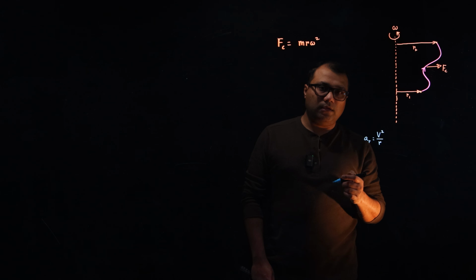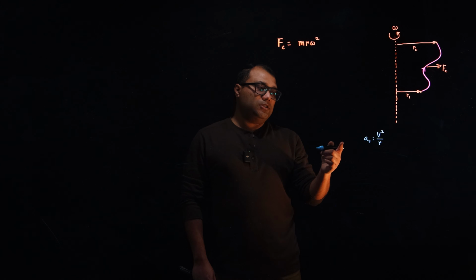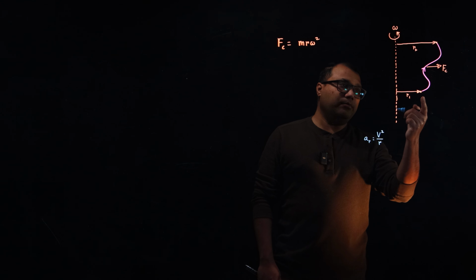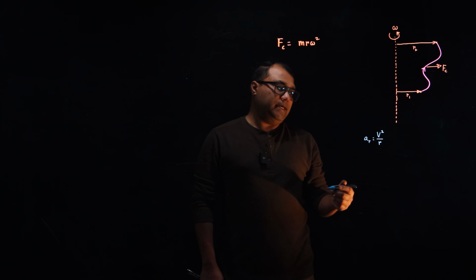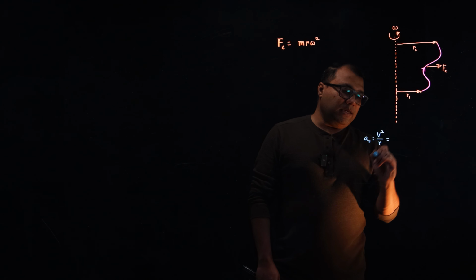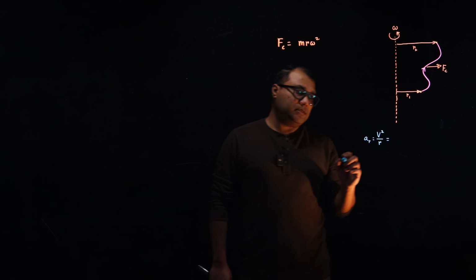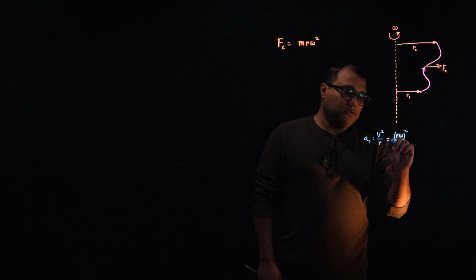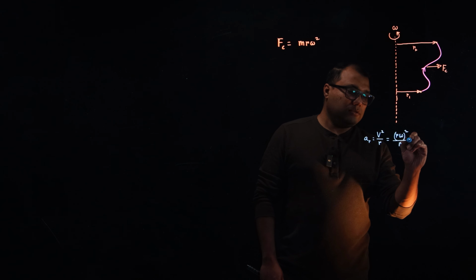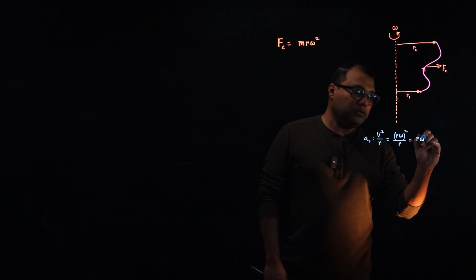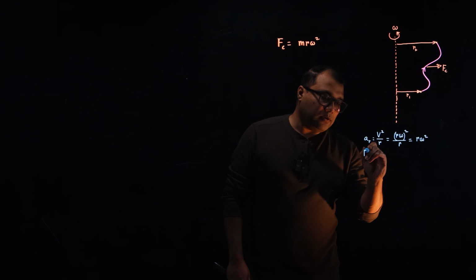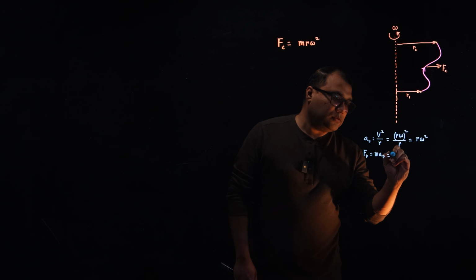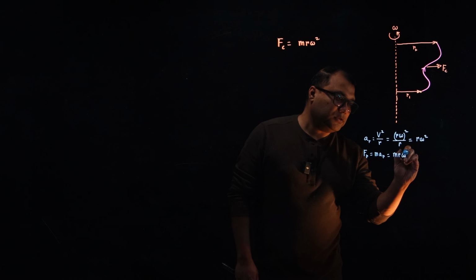So, you can think of it like the radial acceleration of the frame, or centrifugal acceleration on any body in that frame, is minus a_r. Now, v can be written as r omega. So, this becomes r square omega square by r. So, therefore, this is r omega square. So, the radial force is m a_r, so it is m r omega square.